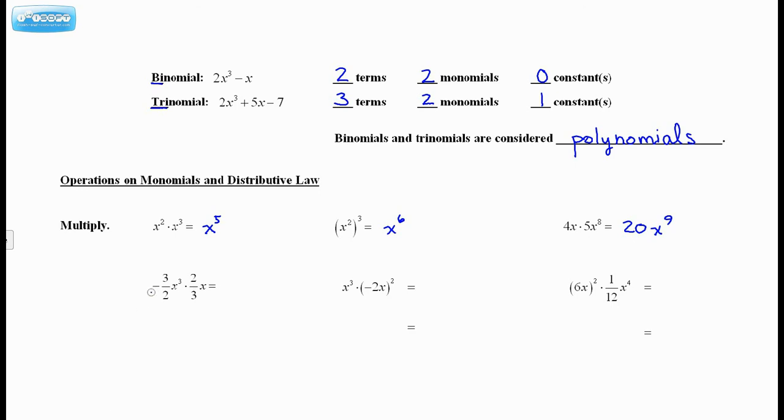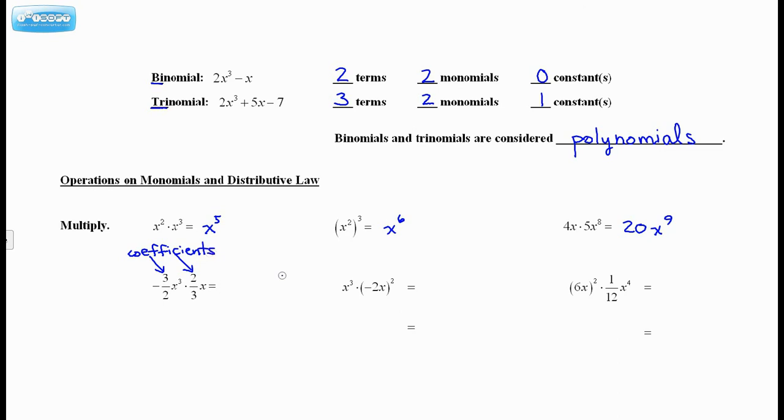Next one. I have negative 3 halves times x cubed times 2/3 times x. This is all straight multiplication. So I'm just going to multiply the numbers first. And these numbers are actually called coefficients.